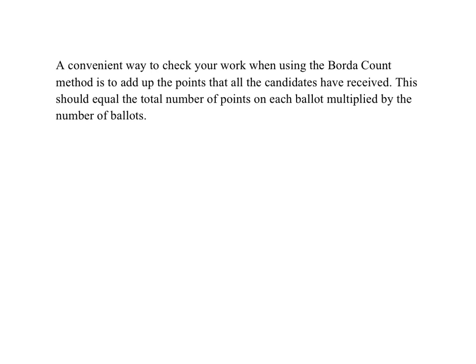A convenient way to check your work when you use the Borda count method is to add up the points that all the candidates have received. This should equal the total number of points on each ballot multiplied by the number of ballots. So each ballot had 3 points, 2 points, and 1 point to give out among candidates, right?